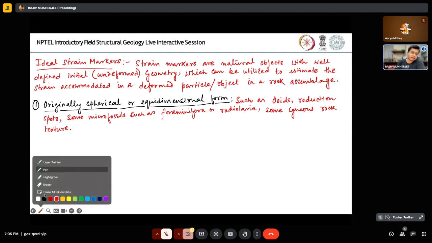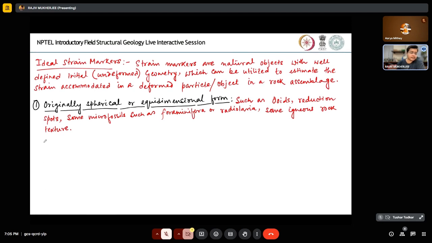The second one comes as original circular cross section on a known surface.